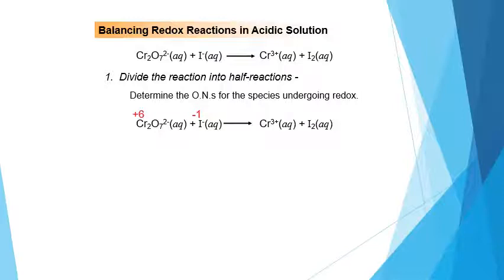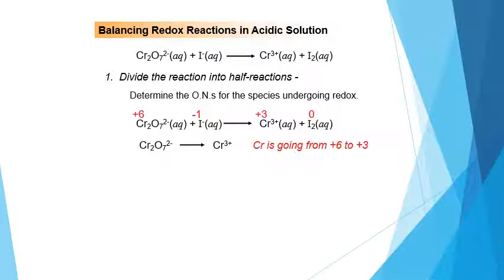Now, in this case, your iodine has a charge of negative 1. Your chromium in the product has a charge of positive 3. And your iodine has a charge of 0 in the product since it is in elemental form. Now, when you get the half reaction from Cr2O7 2- to Cr3+, you know that the chromium is going from positive 6 to positive 3, meaning its oxidation number decreases.